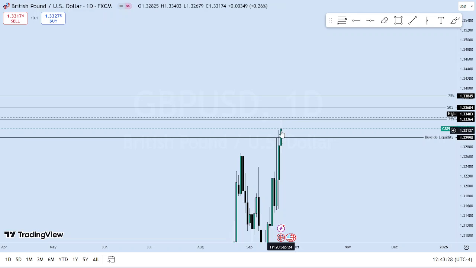Watch the candle. That's Friday, 20th September. Friday candle. We opened here. It's a bullish candle. Bullish opens below and closes above. So we opened, traded below, and went long, and we reached this 75%, then closed here.